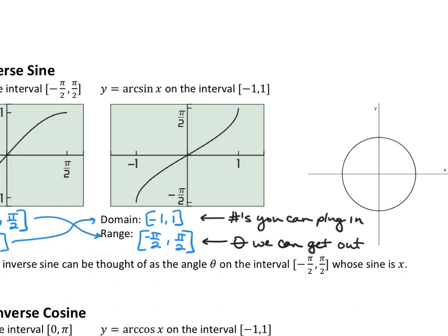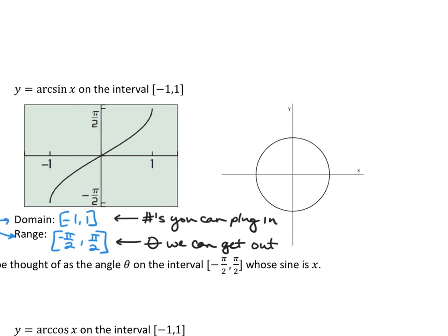And what that means graphically in the unit circle is that inverse sine is going to appear in these two quadrants. That's -pi/2, and this is pi/2. When we have values that we're taking that are positive, we'd be in quadrant 1.